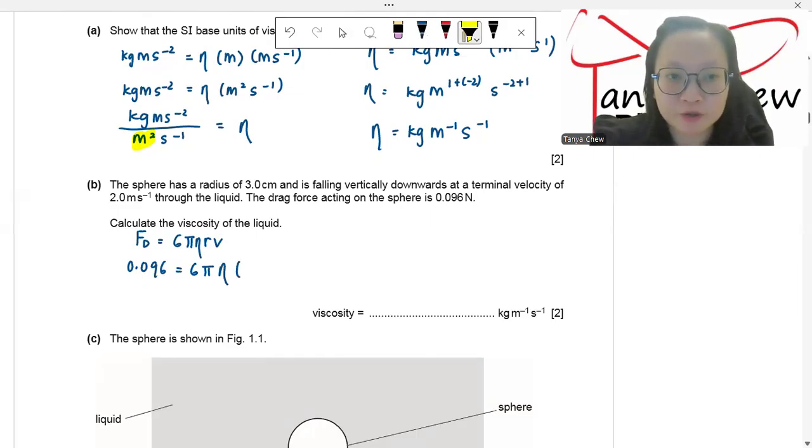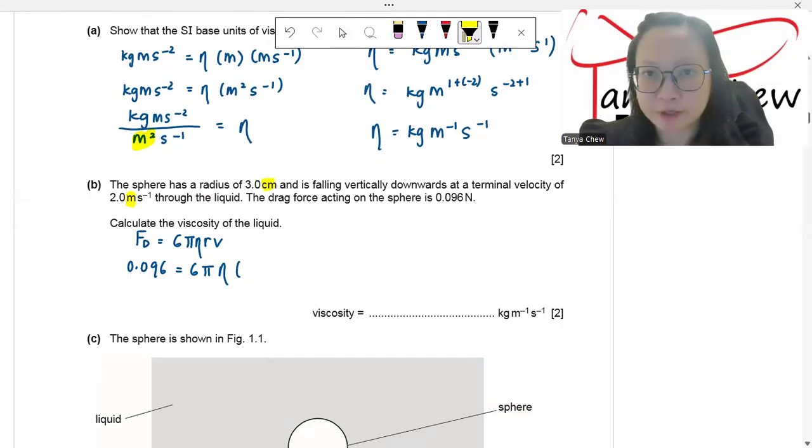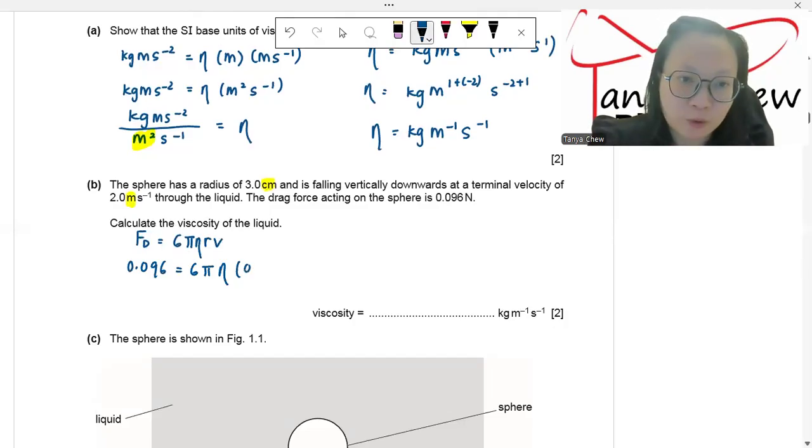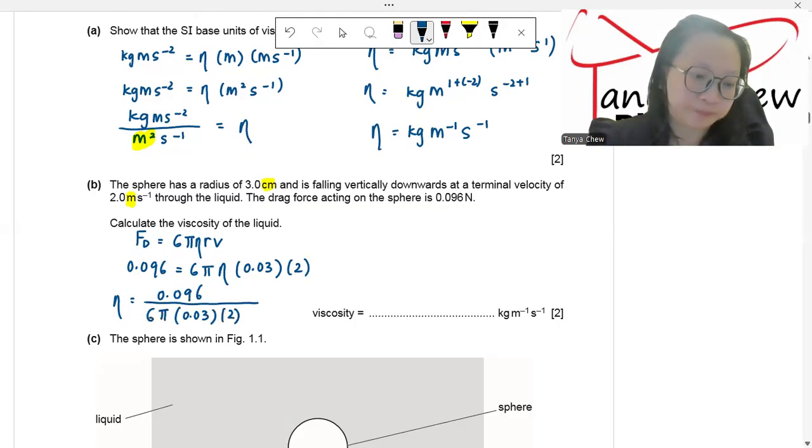But before that, I want you to see the unit of R and the unit of velocity. Terminal velocity is measured in meter per second, so that is why you have to change the radius to meter. You divide by 100, which is equal to 0.03 meter, and times with the V, which is 2. So the viscosity is 0.096 divided by 6 pi, 0.03 times 2.